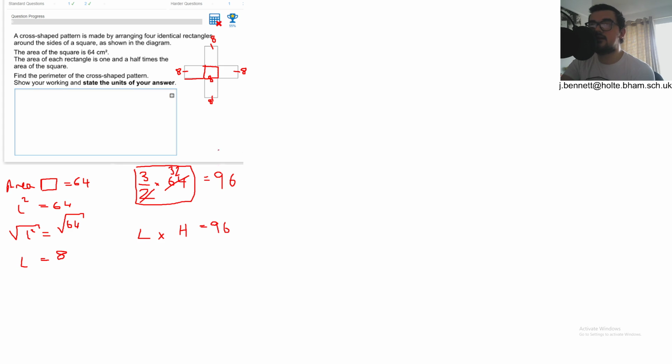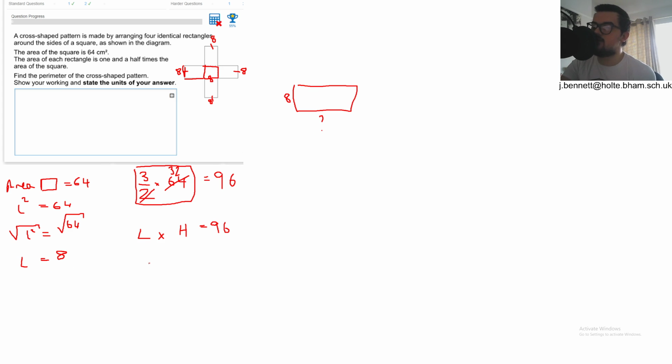We know the length, or we know the height. In this case, we know this length here. So when we draw our rectangle, we know that this is 8, and we don't know this. But now we have our area, we can solve for the length.